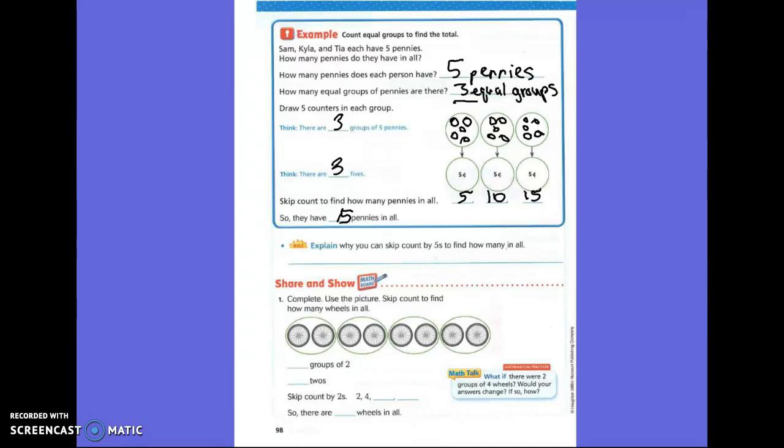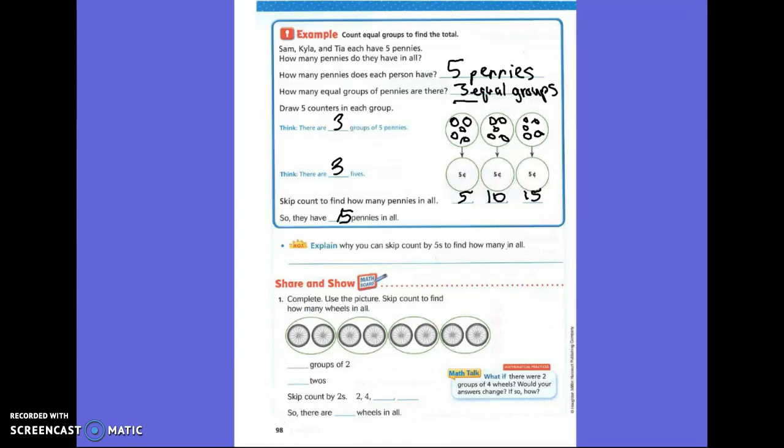But why can we skip count by 5s instead of, let's say, what if Eli had 4 pennies, Tyson had 3, and Wyatt had 5? Could I skip count by 5 then? No. Why can't I skip count by 5 here? Yes, because they all have 5, which is true, but because everyone has 5, they have equal numbers.